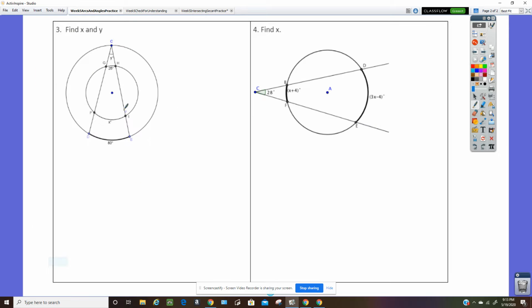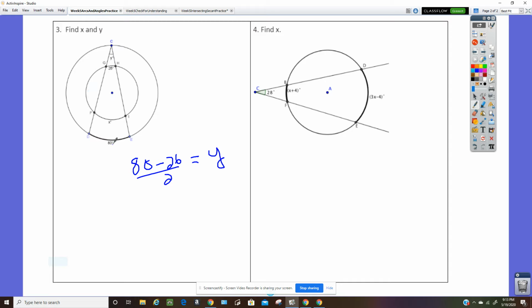And then moving on to question 3, you know that 80 minus 26 divided by 2 is y. So this is the bird's beak, the secant, the angle outside the circle.